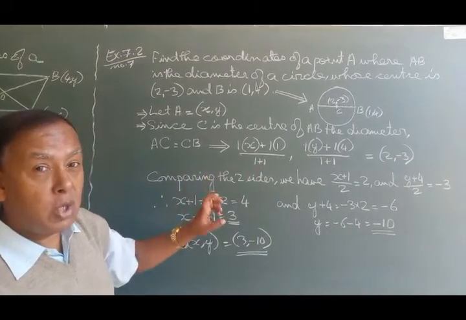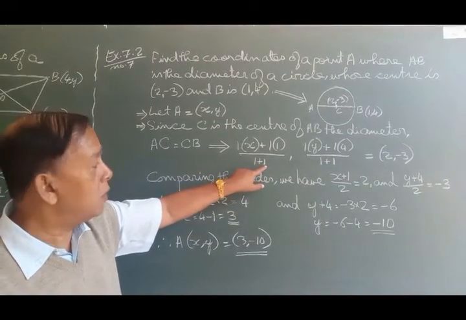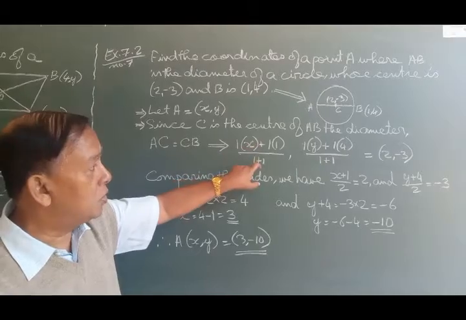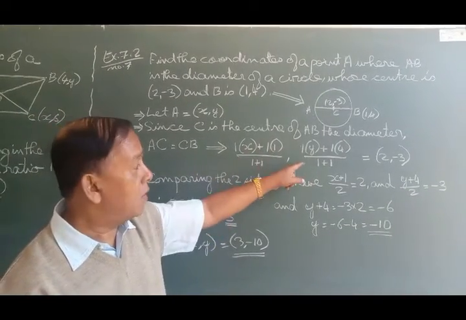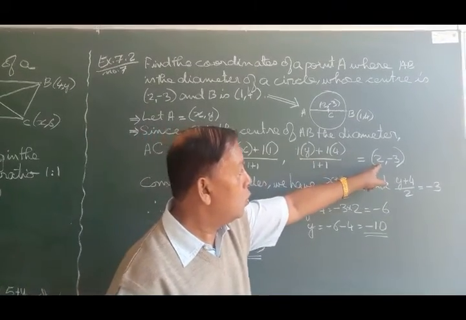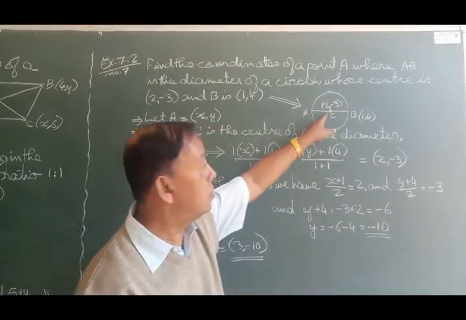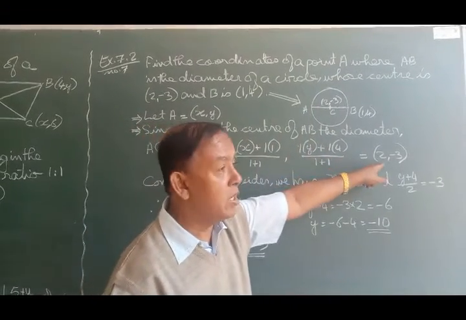Because the ratio is 1 is to 1, therefore m1 and m2 are the same. So we have the first coordinate and the second coordinate, and this is equal to 2 and minus 3, that is the center coordinates, because this is the center.